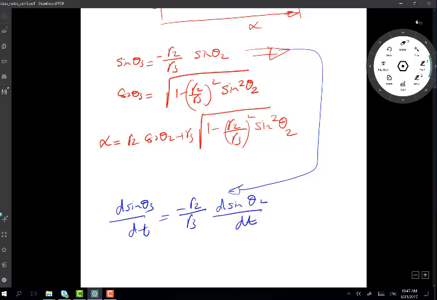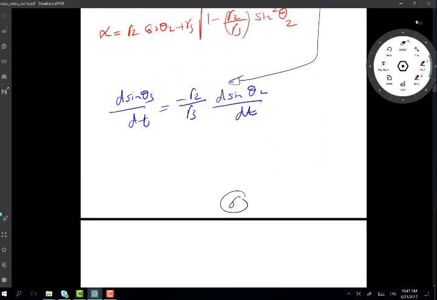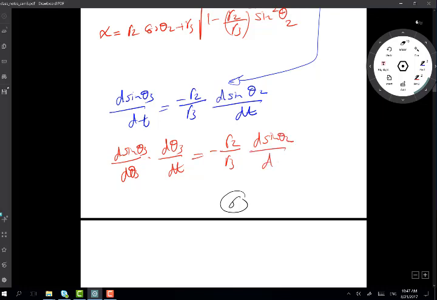When I differentiate that, I get d sine theta 3 d theta 3 times d theta 3 dt, equal to minus r2 over r3 d sine theta 2 d theta 2 times d theta 2 dt, which is omega 2.